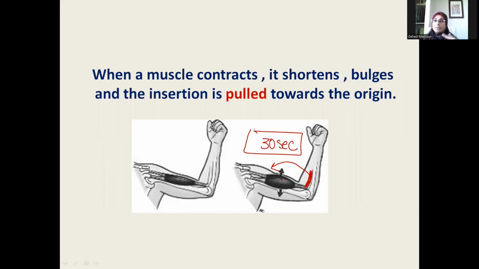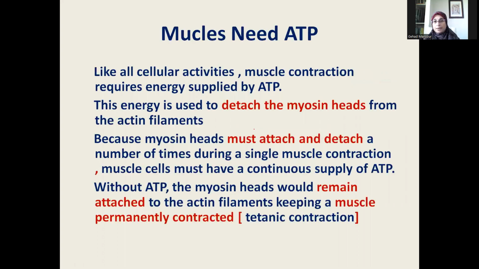So as long as you are giving nerve impulses to the biceps to stay contracted, then myosin heads will hit actin and cause shortening, and then relax, and then contract and relax. So myosin heads attach and detach, attach and detach.